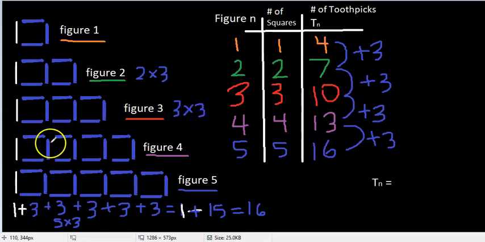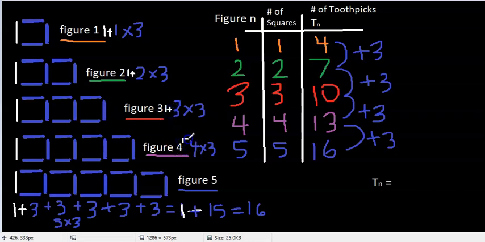For figure 4, it would be 1, 2, 3, 4 times. So 4 groups of 3 toothpicks. And for figure 1, we would have 1 group of 3 toothpicks. And then of course we have that 1 toothpick that adds onto these toothpicks, right? For each, we can't forget about that 1 toothpick at the beginning for each, right?